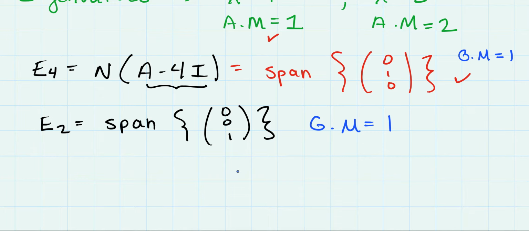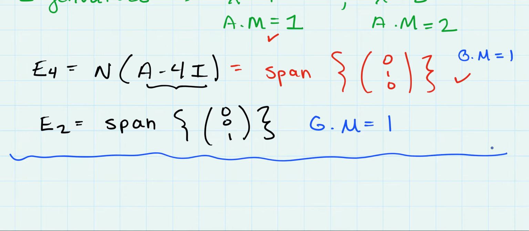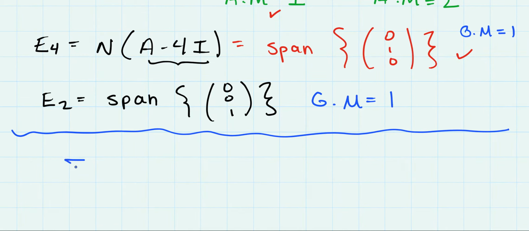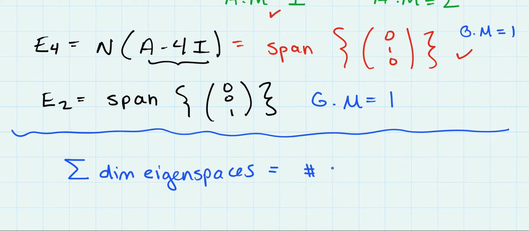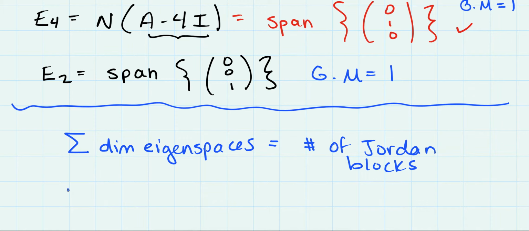Okay, so to find the Jordan canonical form, there are a couple of little tricks. The first trick is that the sum of the dimensions of the eigenspaces is equal to the number of blocks. And then the minimal polynomial, I can't remember if it's called the minimal or the minimum, I think we're going to call it the minimal polynomial, and I'll tell you what that is in just a minute.